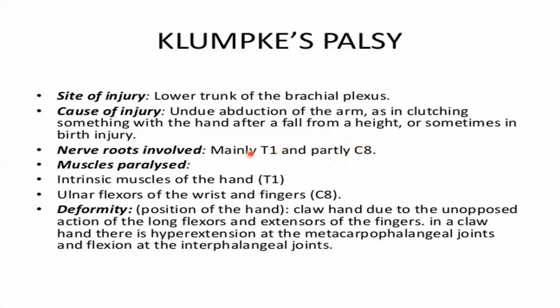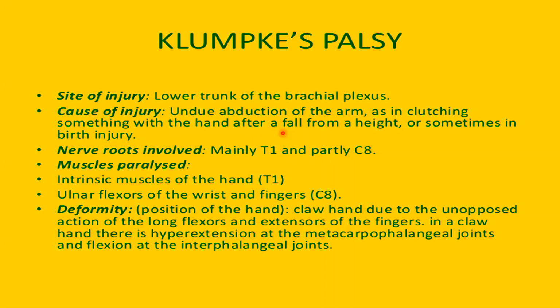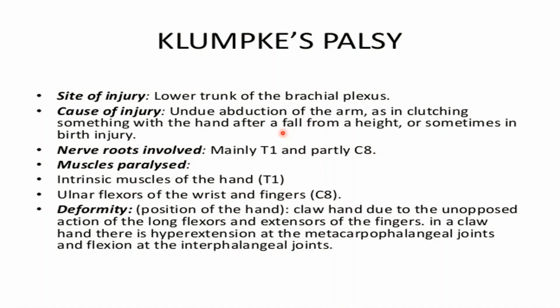Now, C8 and T1 form the lower trunk, and the lower trunk will continue as the ulnar nerve as we studied in the brachial plexus. And the ulnar nerve mainly supplies the muscles in the palm, which is 15 muscles, and 1.5 muscles in the forearm.